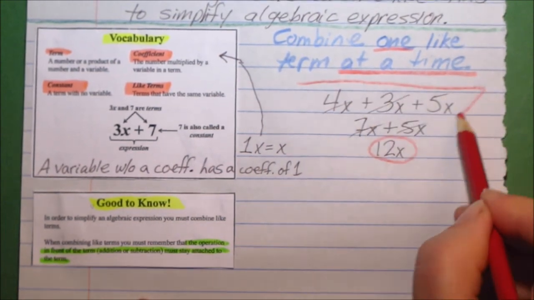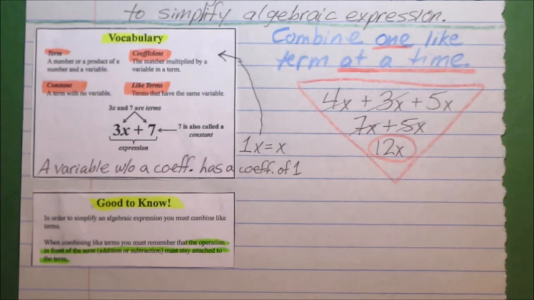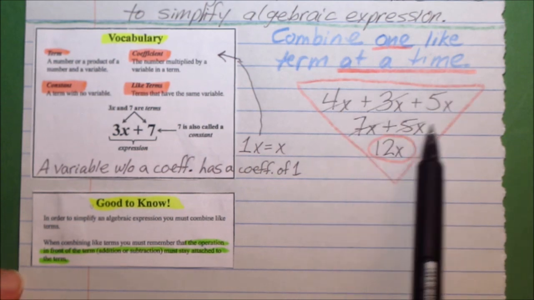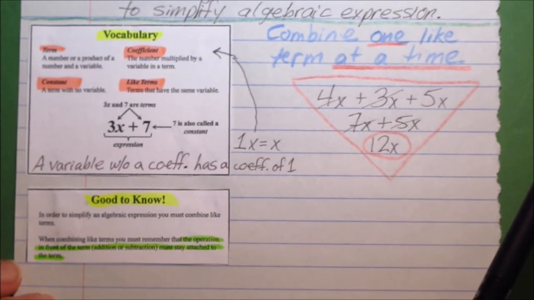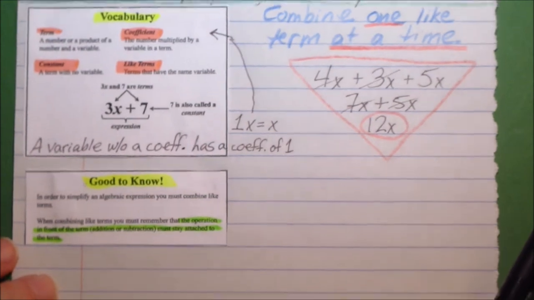And oh look, yay, our pizza is back. All right, so that's how we do it. One like term at a time, we combine, bring down the rest. Combine, bring down the rest until we can't combine anymore. Okay? All right, so let's look at a longer one.